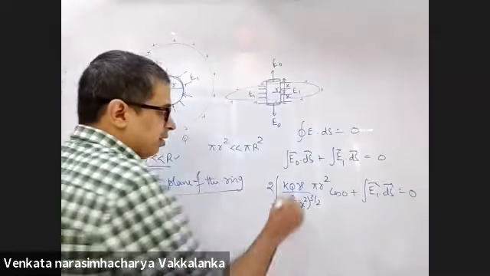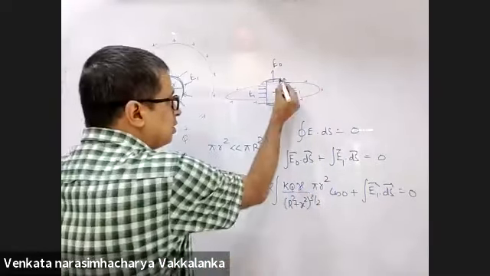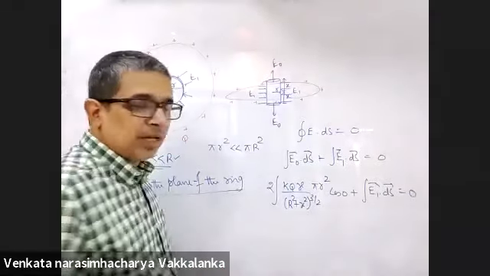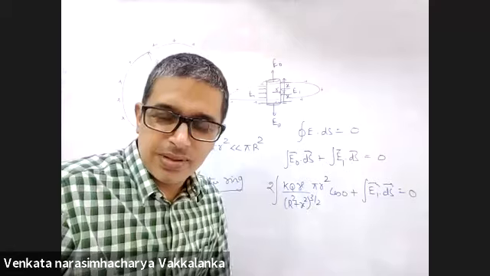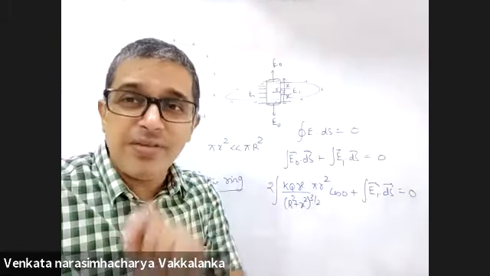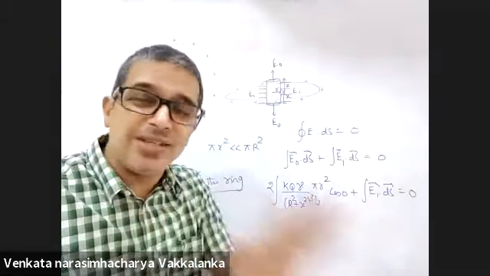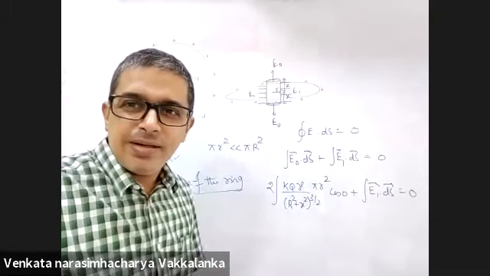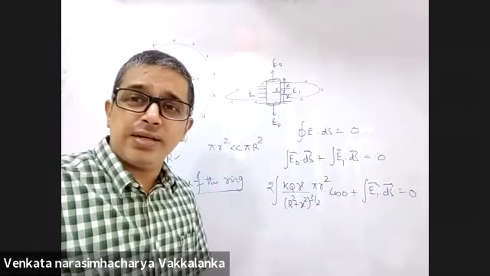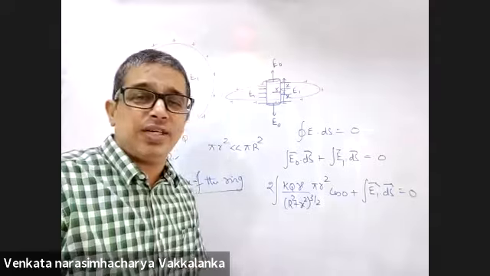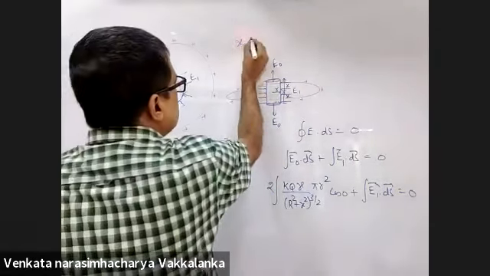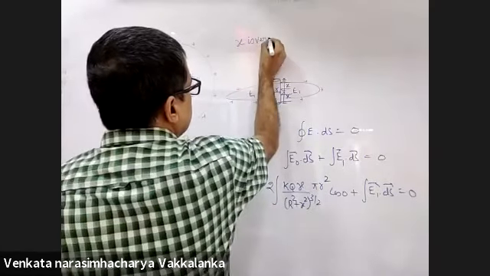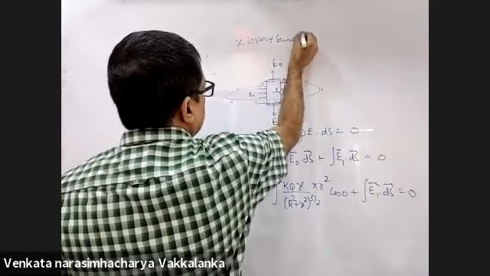Now have a look. The Gaussian pill that you considered, the cylinder, is of length 2x. And that's not given in your question. I don't want x in the equation. X is not given in the question. So the Gaussian pill, I will consider x is very small.